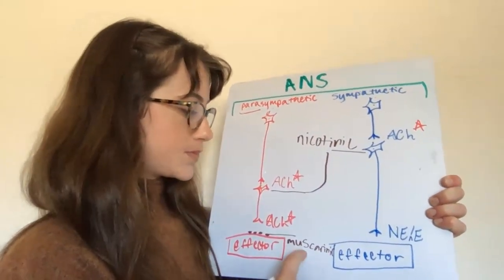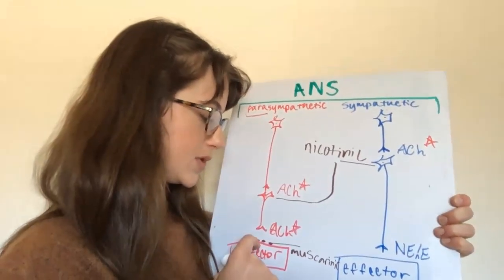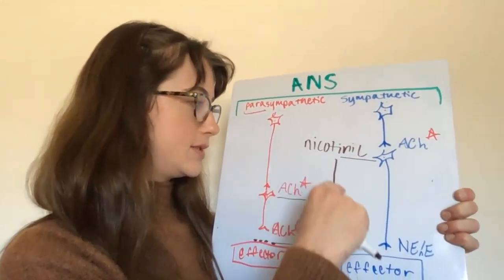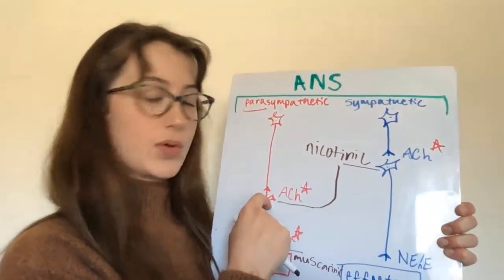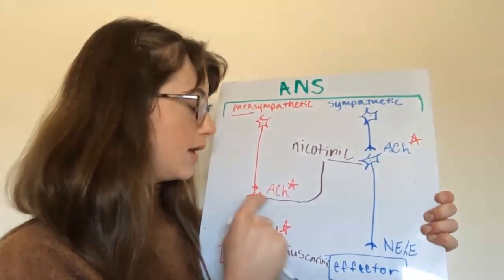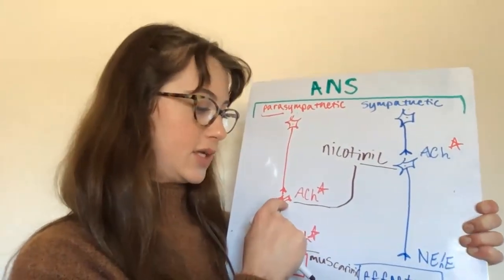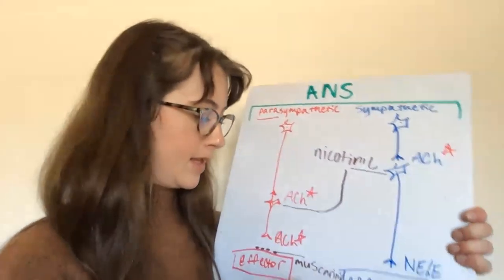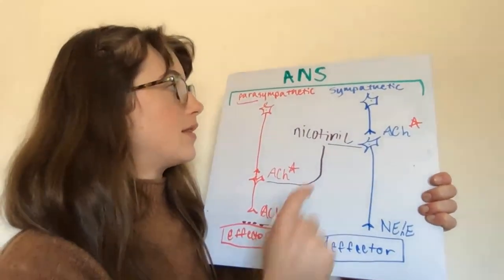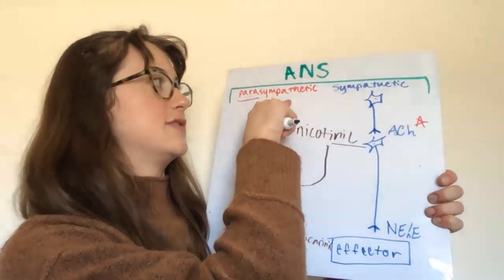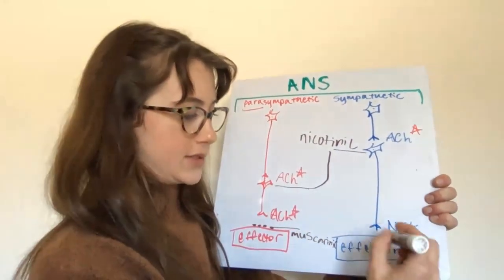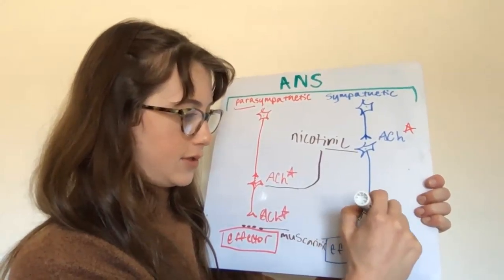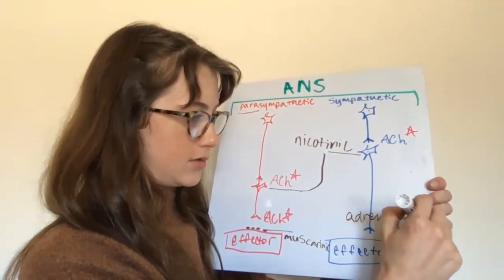All right, so these are muscarinic receptors. They receive acetylcholine, whereas these receptors at the postsynaptic neuron are going to be nicotinic receptors, still receiving acetylcholine, just a different type of receptor. So if we know that within the autonomic nervous system, by the way, down here, this is adrenergic.